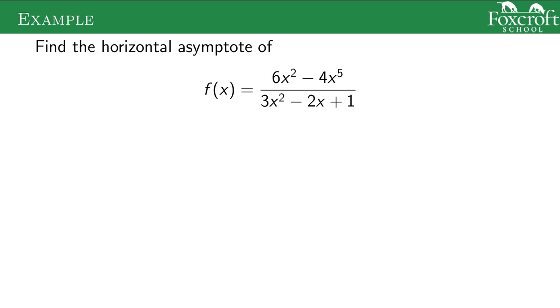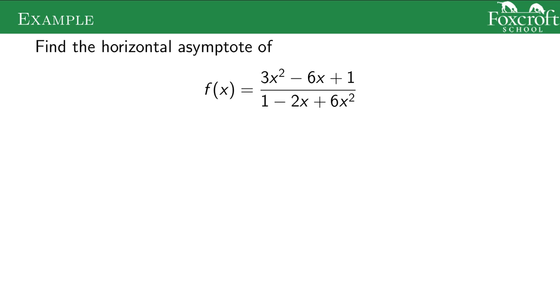In this one, find the horizontal asymptote of this function. Again, we're just looking for the biggest powers of x. The top has the bigger power, so this one has no horizontal asymptote. Whenever the top power is bigger, you don't get a horizontal asymptote.